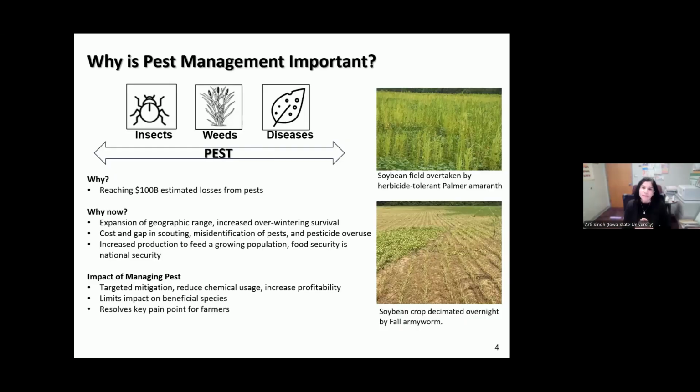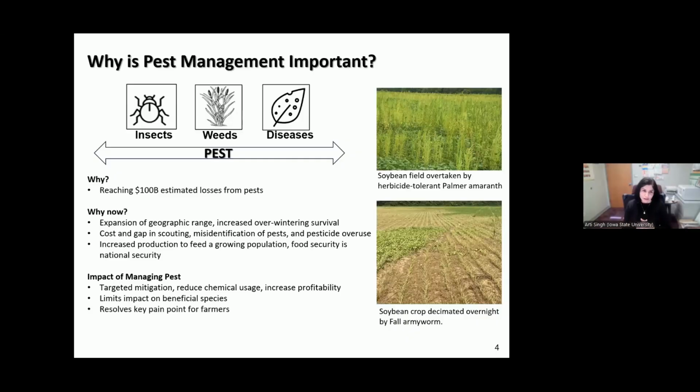And also because of pesticide overuse, we are seeing the impact on our environment. And this is all while we need to grow more food for this growing population with fewer resources.